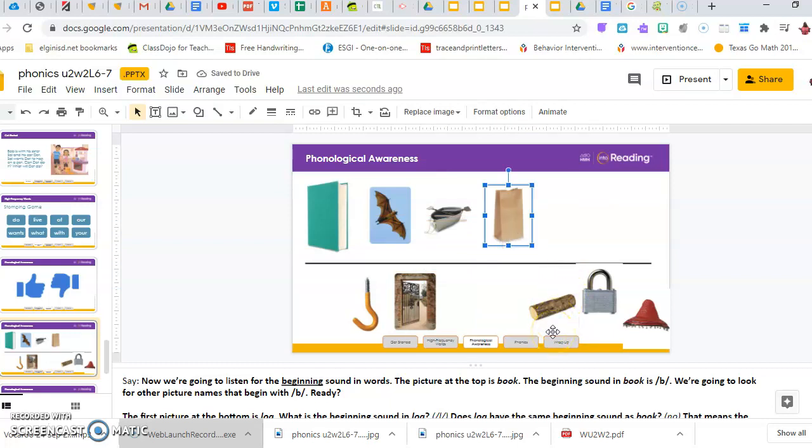Does log begin with B? No, it does not. What about lock? Does lock begin with a B? No. And hat? No, hat does not begin with a B sound. All of these words begin with the B sound, all of these pictures.